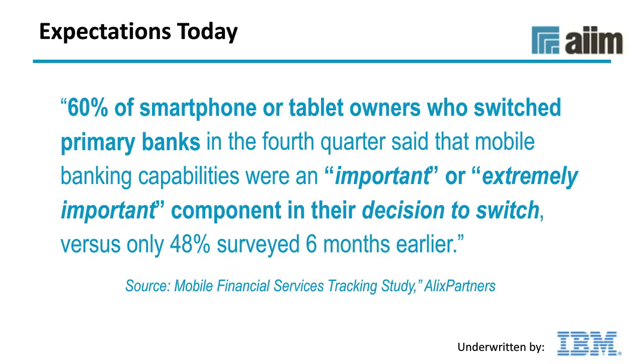So people that went through the very painful and unpleasant exercise of changing their bank did that because the previous bank didn't provide sufficient mobile capabilities. And what is just as telling to me is the switch from 6 months prior, where that's a change of about 50%. And this survey was done a little bit over a year ago. I would say today the expectation is probably 90+%.